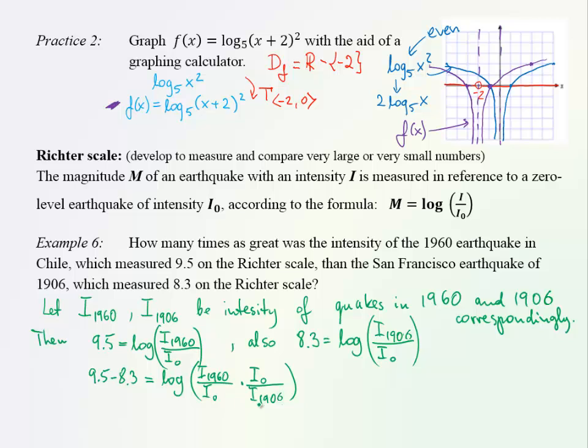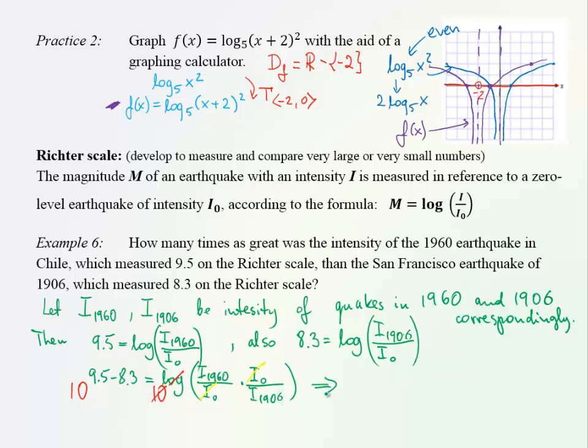That's the same as the quotient. However, as you notice, the I0 can be reduced, and we end up with the quotient. The only thing that we still need to do is to get rid of this log. So how do we get rid of log? By placing the base 10 underneath. Then this base 10 will cancel the log, and we end up with whatever we wanted.